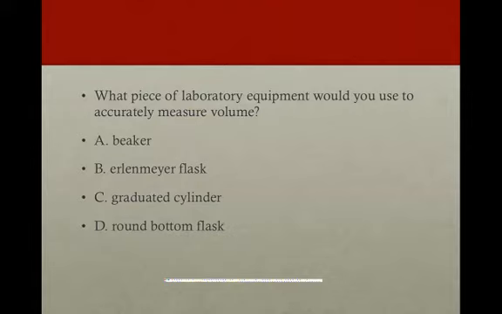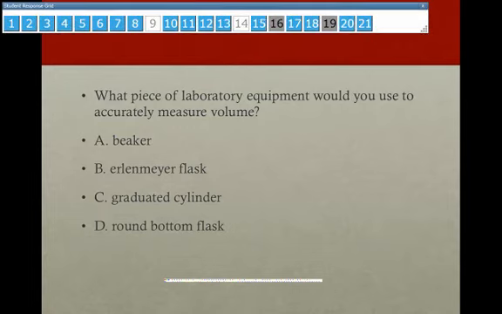Okay, here's your first question. What piece of lab equipment would you use to accurately measure volume? Start the question. I think I might fail. I did start the question. Chill out. Join code is 65. I know, you haven't sent it.